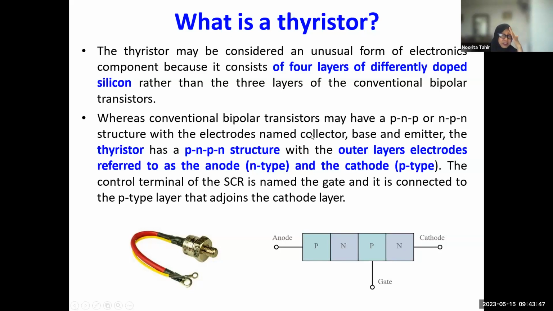For the normal bipolar transistor, we have either PNP or NPN, with the electrodes that I think everybody knows: collector, base, and emitter, which we have discussed earlier. The thyristor has a PNPN structure, with the extreme outer layers referred to as the anode and the cathode, and it has another terminal at the P layer, which is the gate.